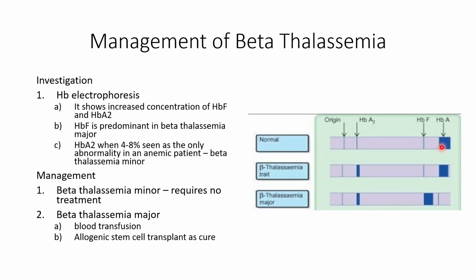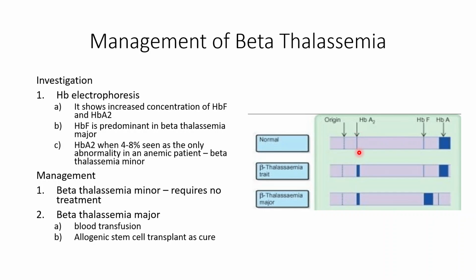That is hemoglobin A, the normal hemoglobin. Now we have less than 1% of hemoglobin F, and this is the area till where hemoglobin F moves. Similarly, we have roughly 2 to 3% of hemoglobin A2, and this is where hemoglobin A2 moves. This is normal.